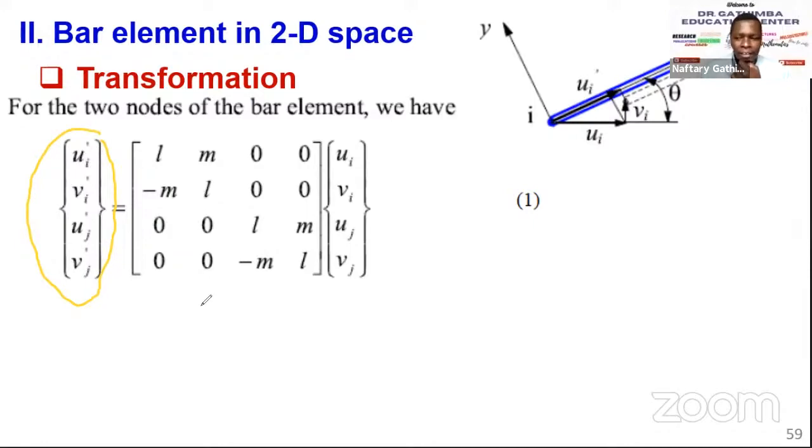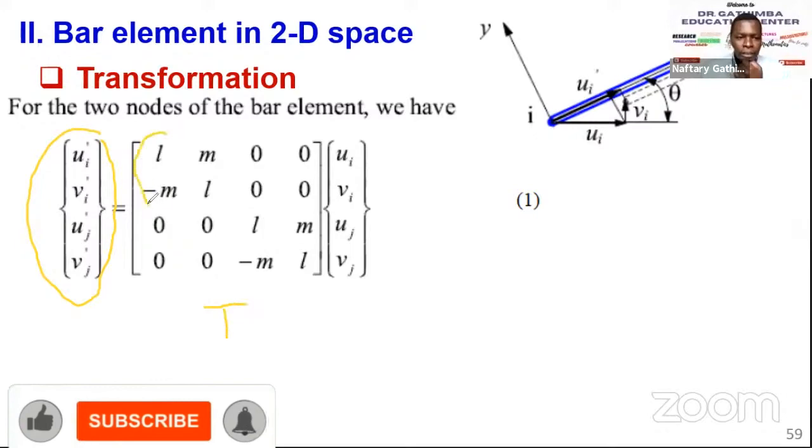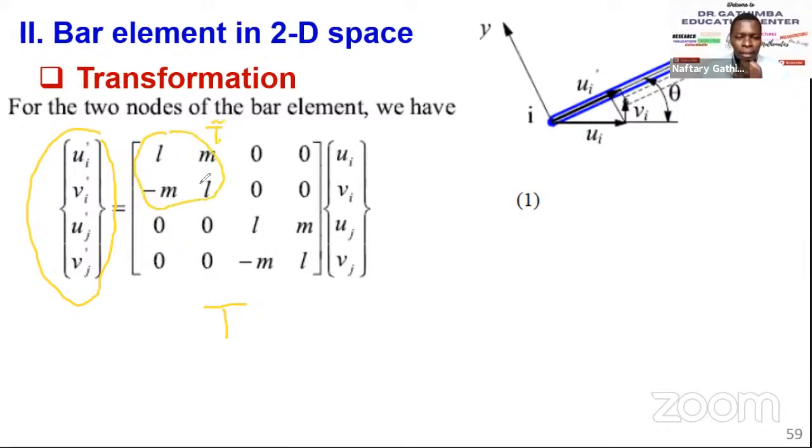Then this is the transformation matrix, capital T. This is why I was saying this is the nodal transformation matrix T tilde, which is the same as here, and the rest is 0, 0. And then we have the nodal vector at the global coordinate system. So this is the transformation.